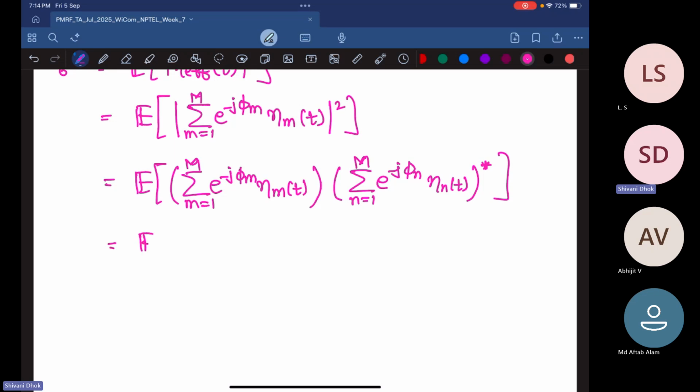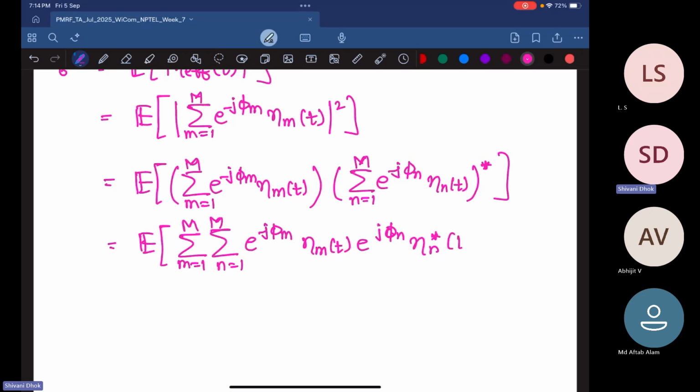So this is equal to expectation of summation over m, summation over n, e power minus j phi m into eta m of t into e power plus j phi n into eta n conjugate of t.